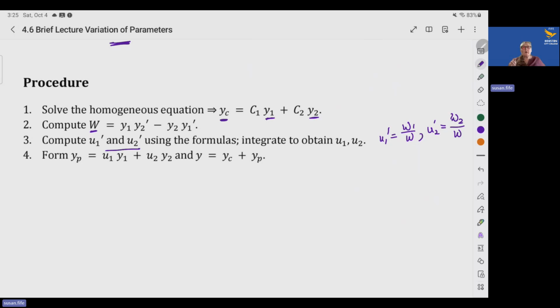This will work as long as w is not 0. If w is equal to 0, you need to find a different method to solve. And then once we find u1 and u2 by integration, we'll just substitute them in to get our particular solution, and then our general solution is the complementary plus the particular solution.